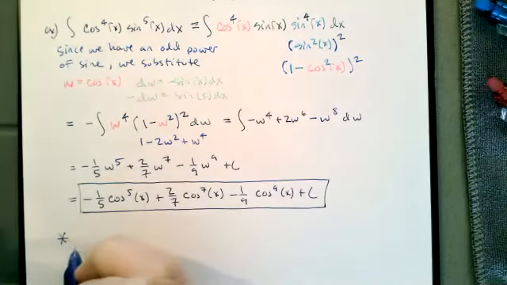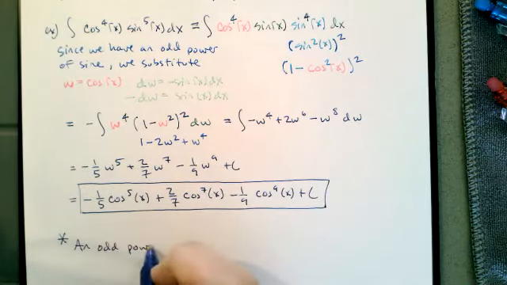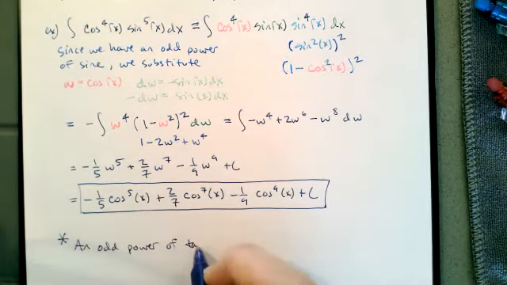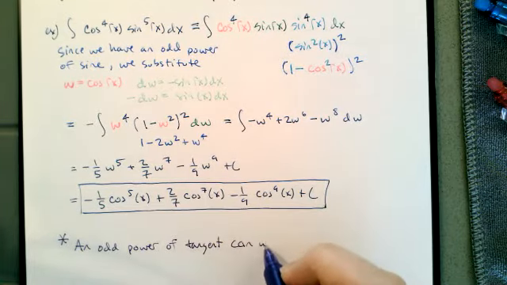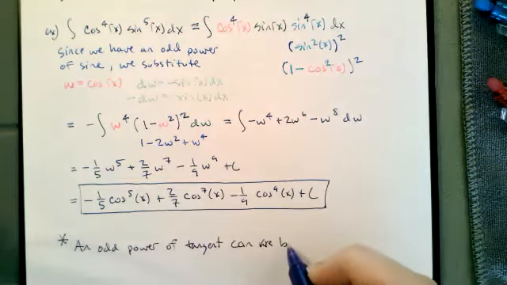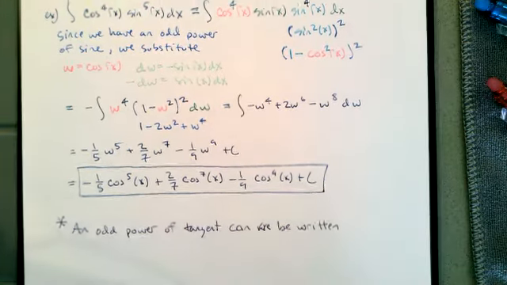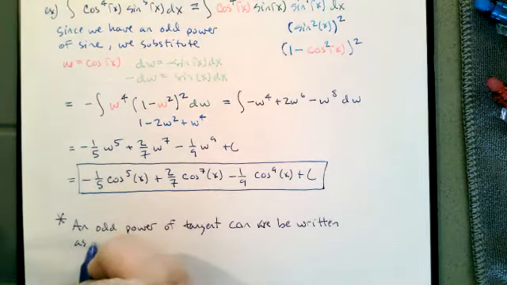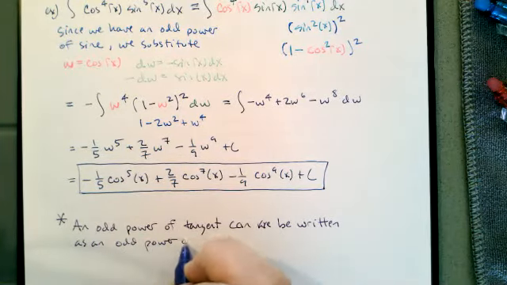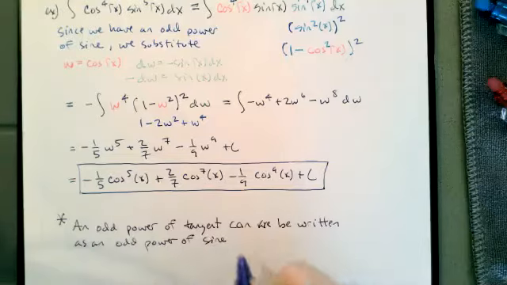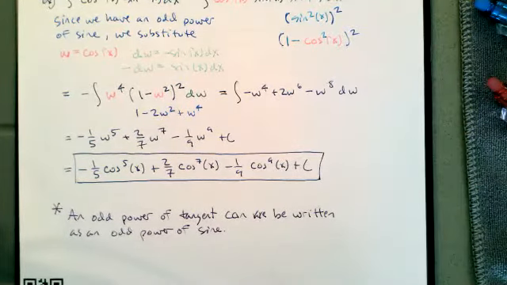So note, an odd power of tangent can be written as an odd power of sines.